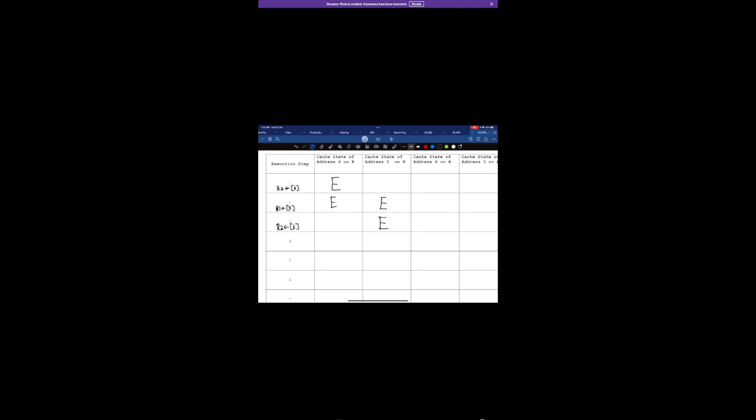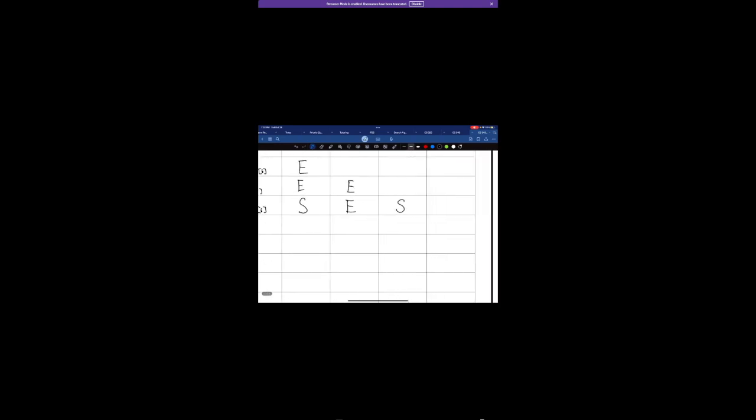Since we're calling an address that the opposite cache has, and we get a miss, then the opposite cache will say, hey, I have this address, let me give it to you. When they give it, it becomes shared. Are there any questions about that? So it becomes shared, and that's it for that line.